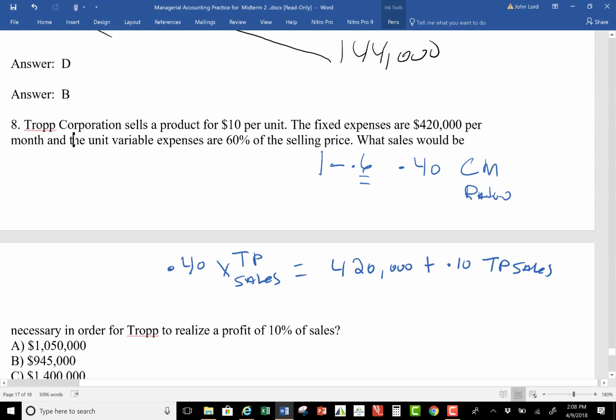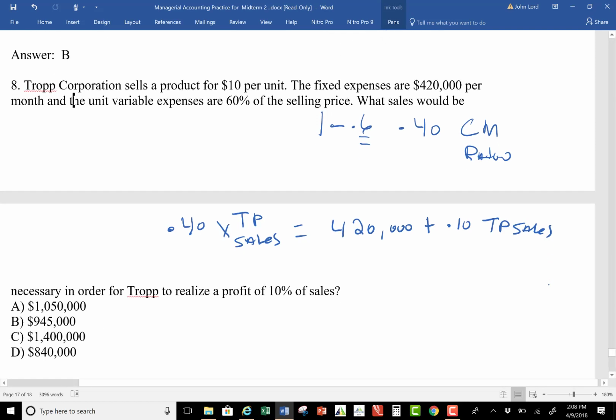Okay. So, how did I do this now? I know I used algebra, but I'm just trying to remember exactly how I did the algebra. Then I have to say 0.40 times 0.90 of my target profit sales.